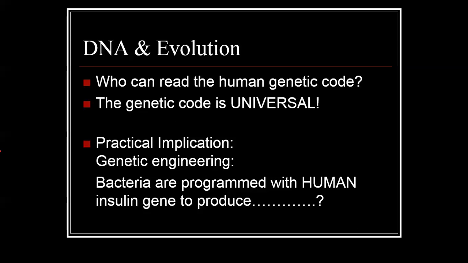For instance, genetic engineering. There's a good chance that people listening to this recording know somebody who's diabetic. If somebody has type 1 diabetes, they are missing a very important protein, insulin. Insulin is a very important protein hormone. It's essential for life.